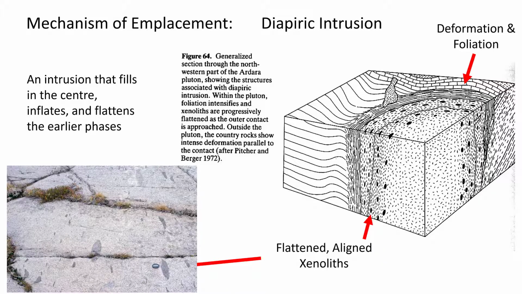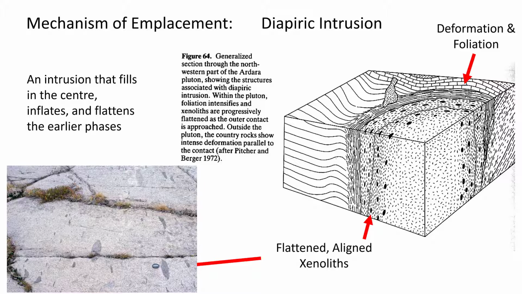So how do these igneous fabrics get there? And this mechanism of emplacement is known as diapiric intrusion. This is an intrusion of magma that would fill in from the center and inflate, just like a balloon, and flatten the earlier phases near the outer contact of the intrusion.